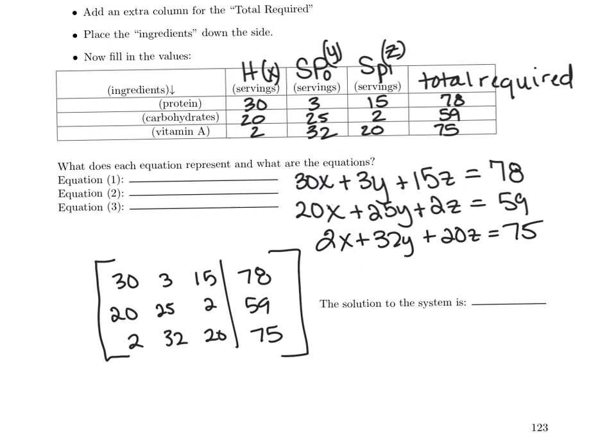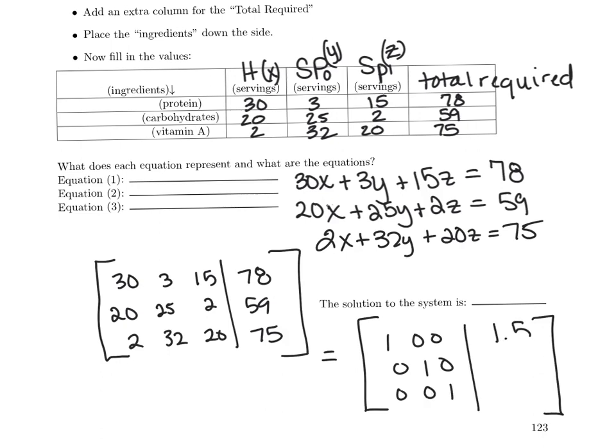So we do our matrix operations, and what we end up getting is 1.5 for the halibut, 1 for the sweet potato, and 2 for spinach.